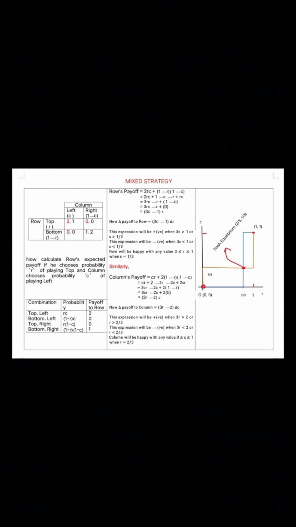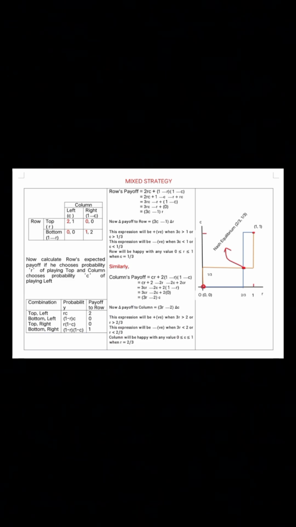Again, at this point, any value of C between 0 and 1 is a best response. So, the blue curve is traced vertically. For all R greater than 2 by 3, the column's best response will be at C equal to 1. Therefore, the column's blue best response curve goes on horizontally again. So, the column's best response curve is the blue one.